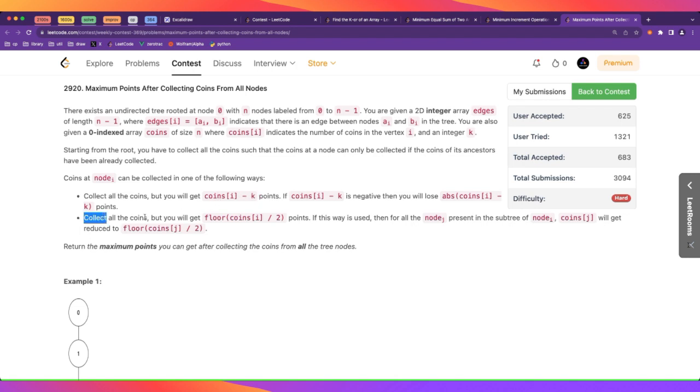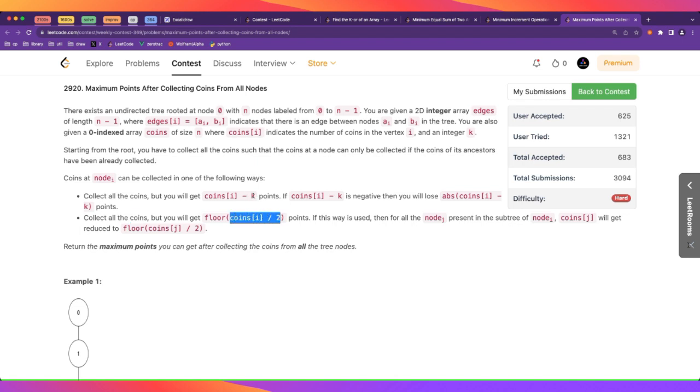And the other way is one in which you get coins of i divided by 2, but the catch is that, well, this does not depend on k, right?